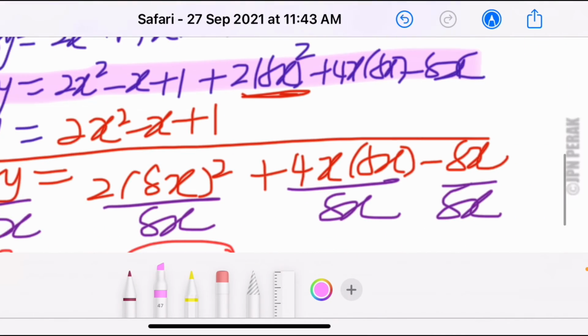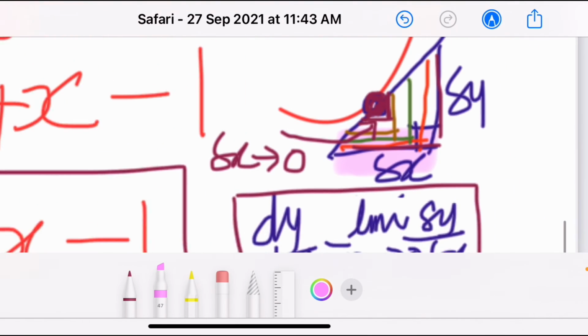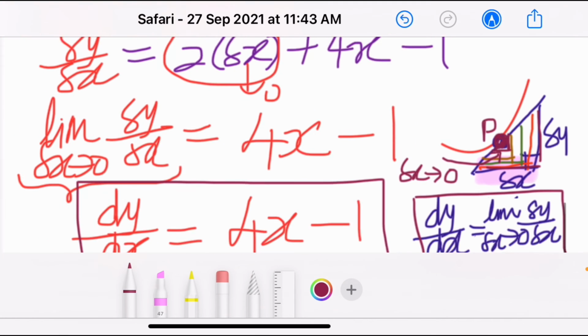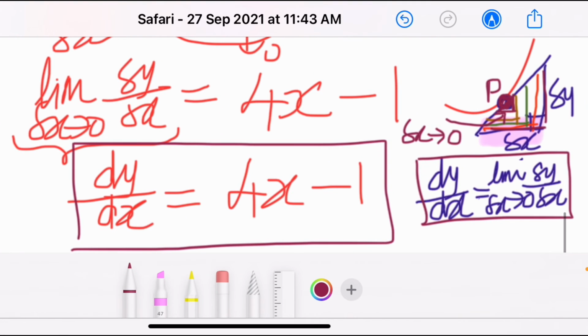What is the first principle? It is this concept: the curve and the tangent, and delta y over delta x being the limit when delta x approaches 0 at the point. That's all my sharing on the first principle. Till then, bye bye and have a nice day.